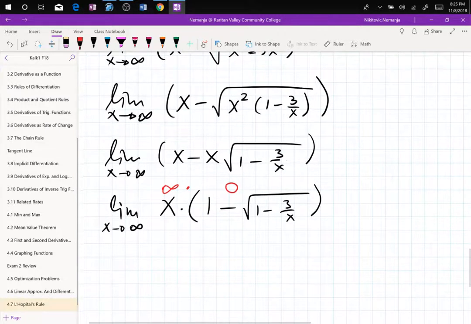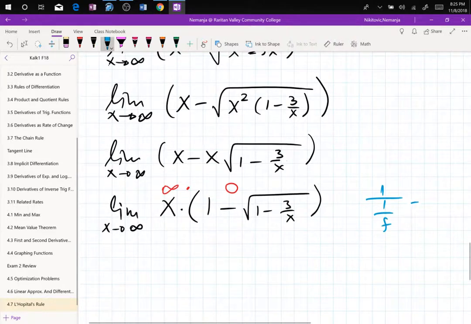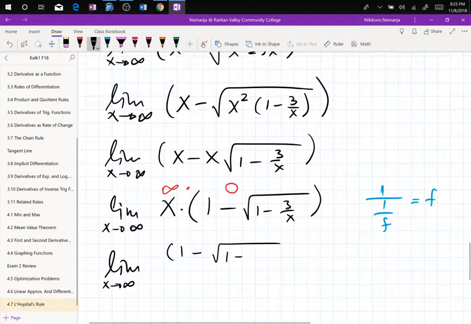Excellent. Now that just means that we can use 1 over f. So this x gets kicked into the denominator. 1 minus the square root of 1 minus 3 over x stays in the numerator, and then you get 1 over x in the denominator.